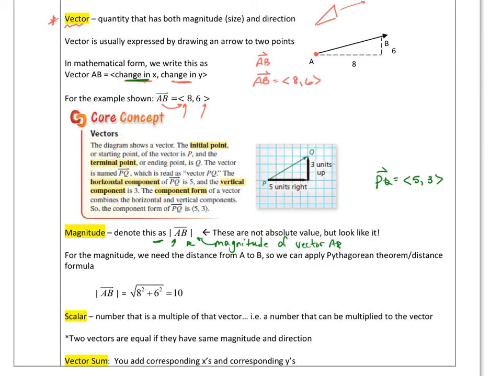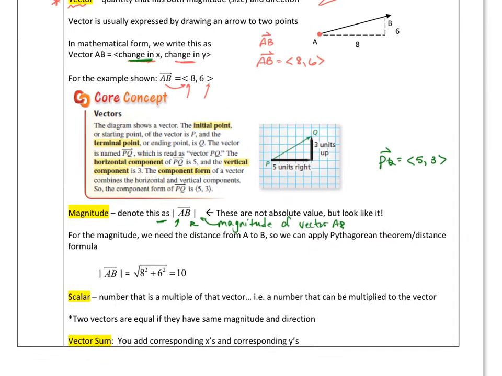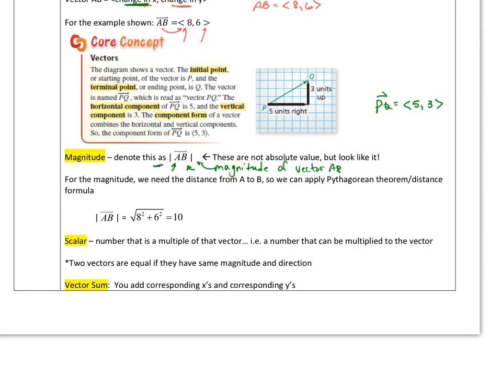Now for magnitude, we express it like we do the distance formula. If I had my original vector AB, which was <8, 6>, the magnitude would use the change in x and the change in y, that's 8 and 6.